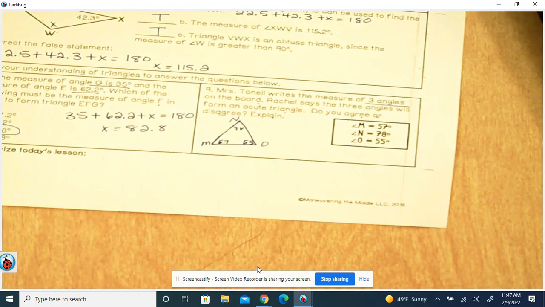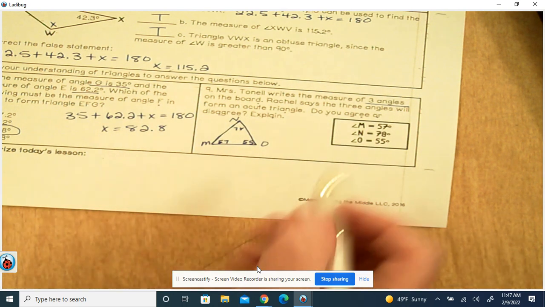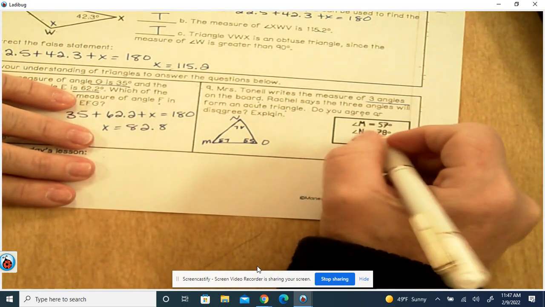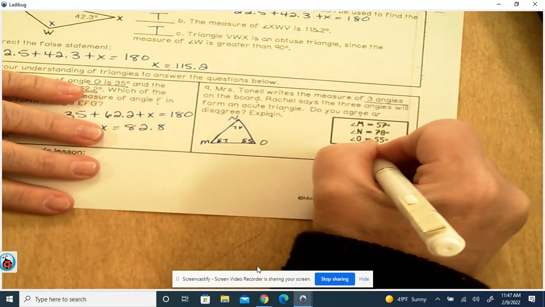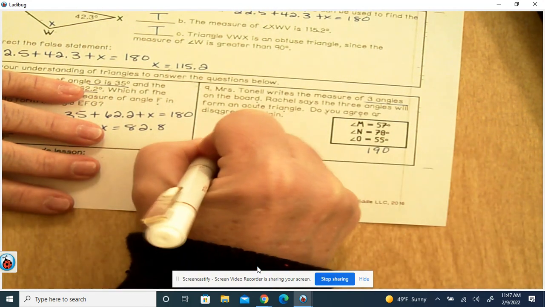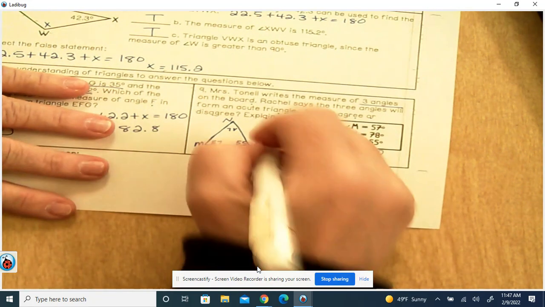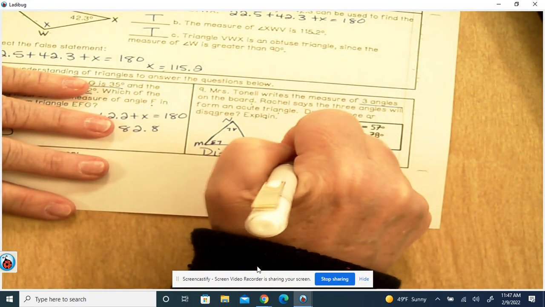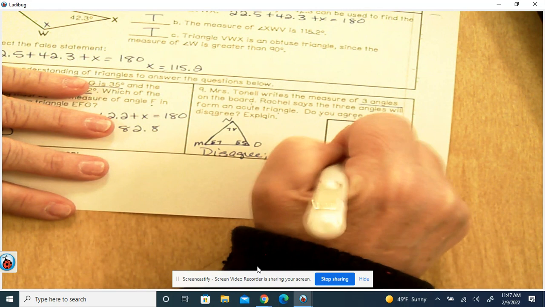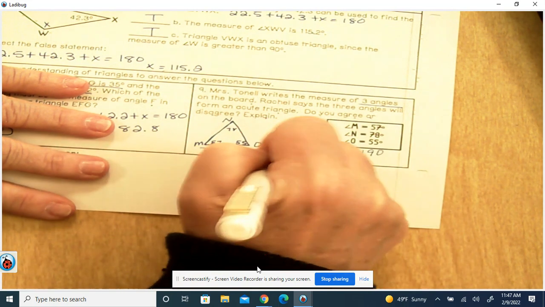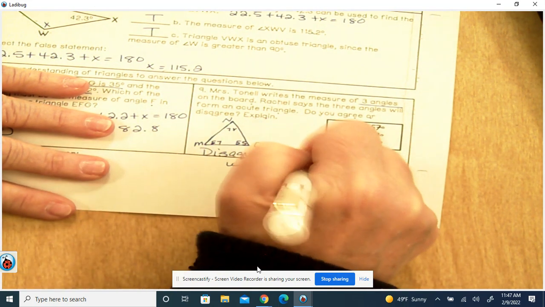Do these angles add up to form a triangle? When you add all these up, you get 190. So I'm going to disagree. It has to be 180. So that means the angles add up to 190.